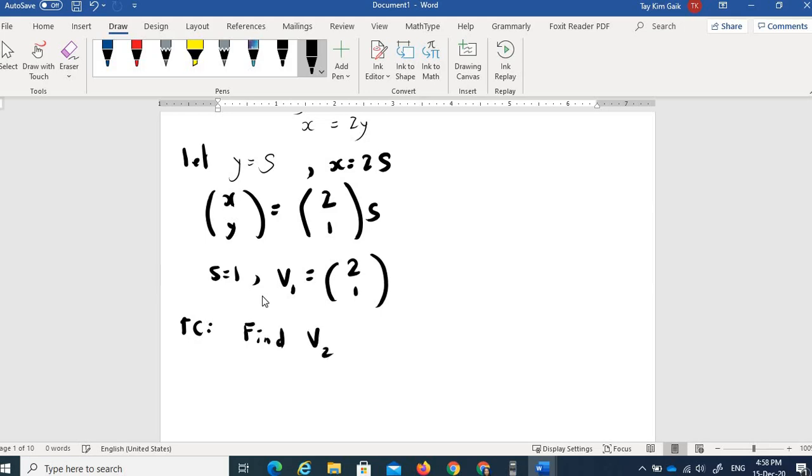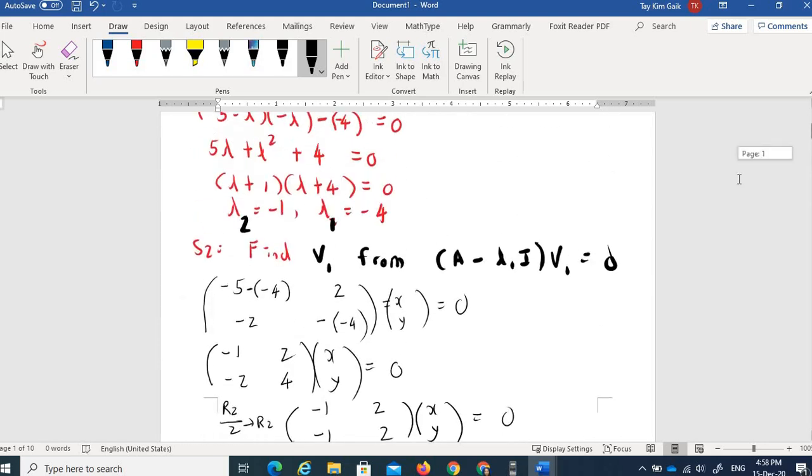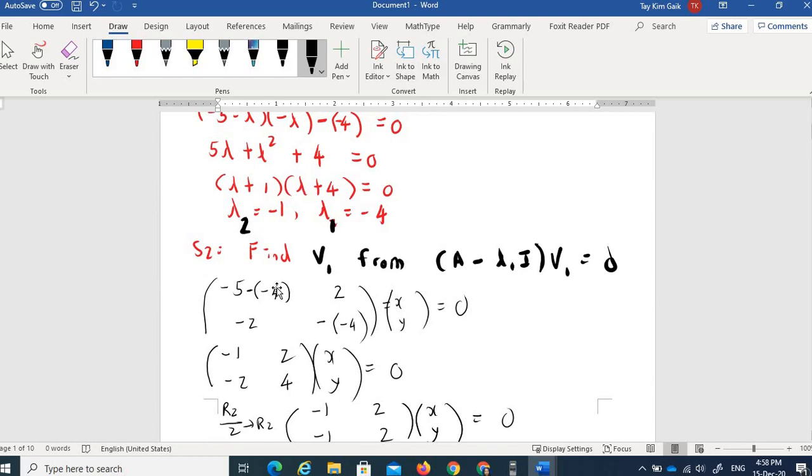Find v2 by solving (A minus lambda I) v2 equal to 0. Similar to this one, you solve it the same way. Now you change your lambda 1 to negative 1.